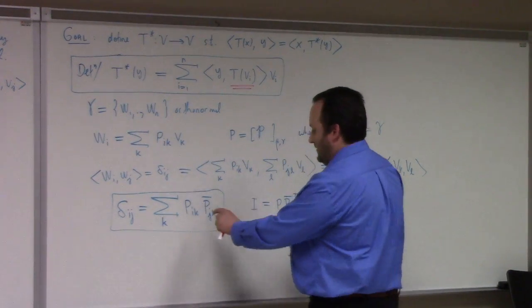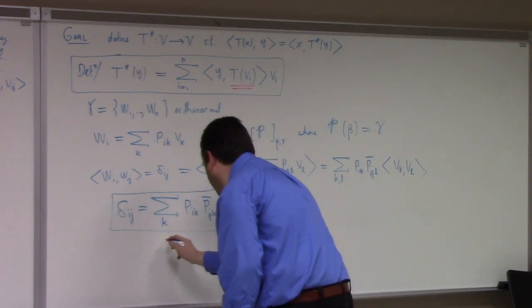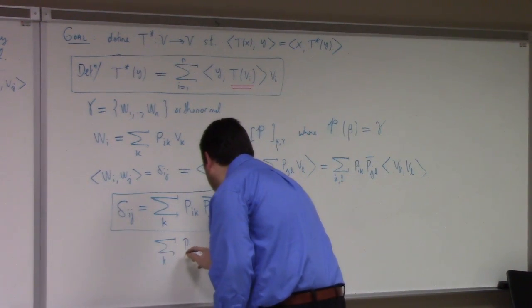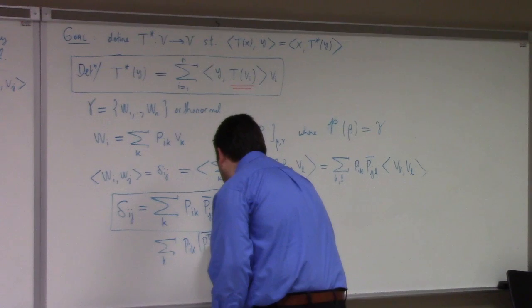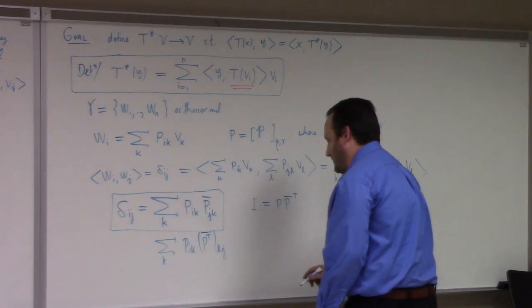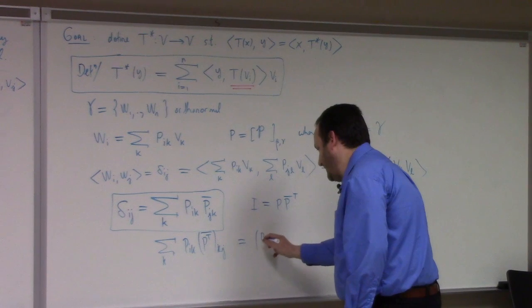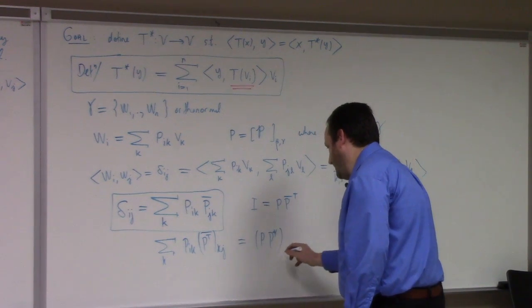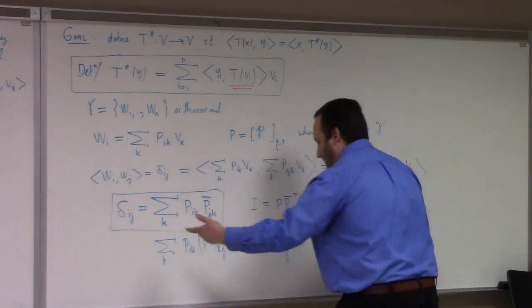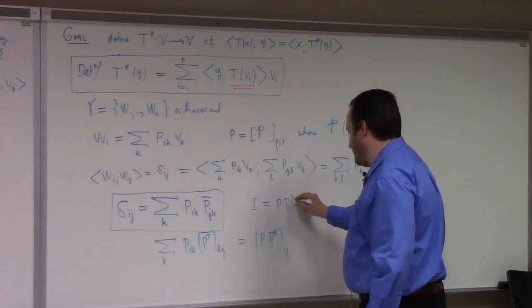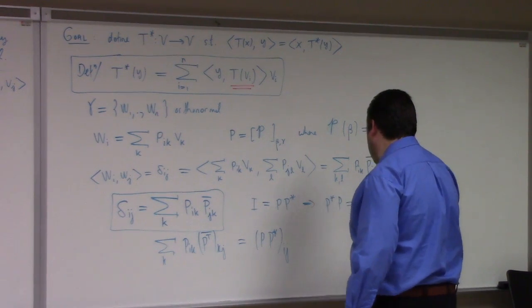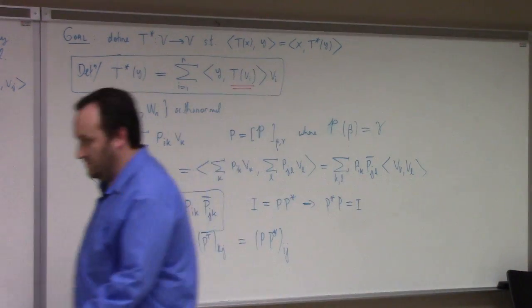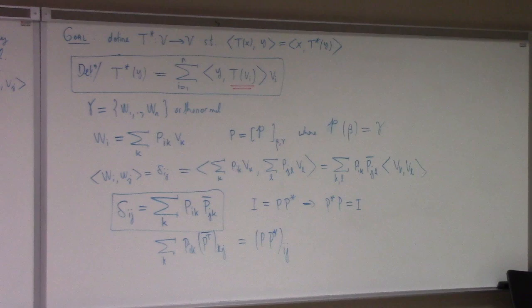Because if you rewrite this, this is p_ik times the conjugate transpose kj. So if we look at p star, the ijth components of that in terms of the matrix multiplication, I is equal to p star p, and by the way, that implies that p star p is also equal to I, as you guys had anticipated.